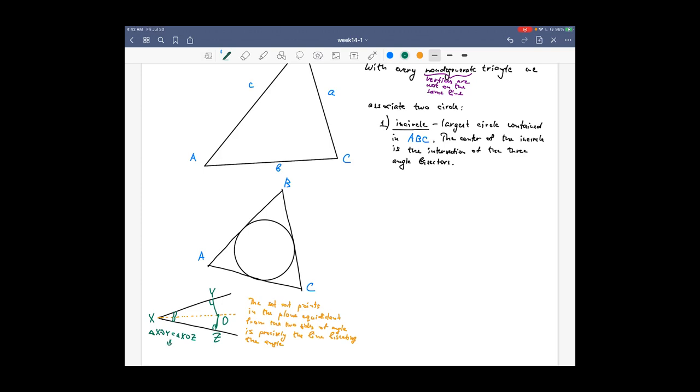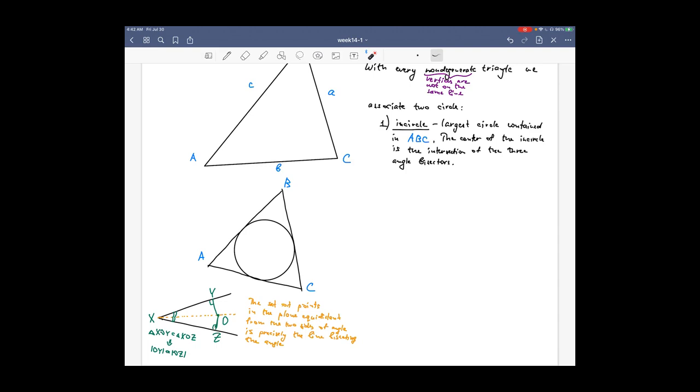So it follows from here immediately that distance OY equals distance OZ. And so indeed, point O is at the same distance from the two sides.